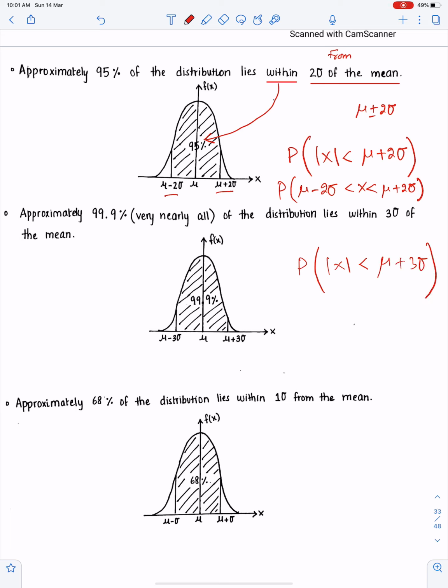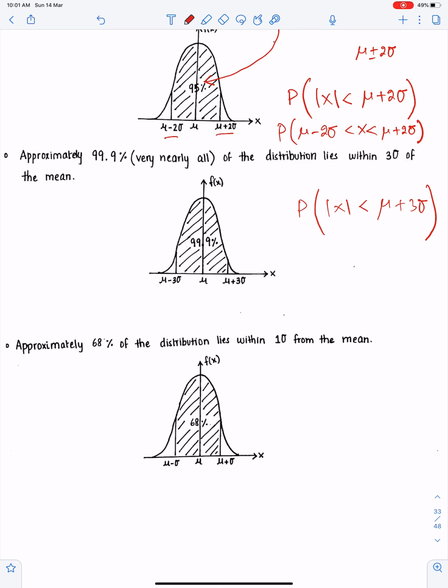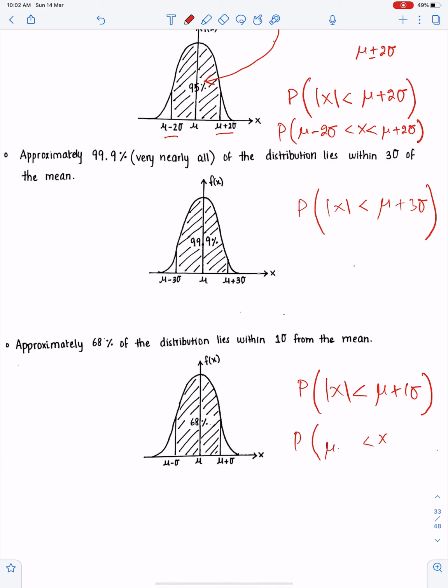You can simplify this yourself in the same way as I did here. This means within 1 standard deviation of the mean. When you simplify this, you will get x between mu minus 1 sigma and mu plus 1 sigma.